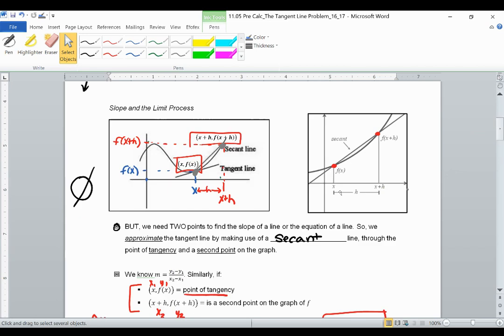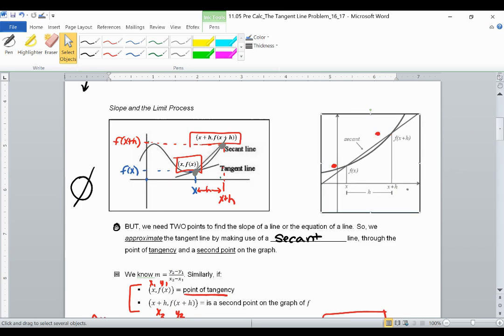I want this distance between the two, this h value, to get closer and closer together so that eventually h is 0. Because if h is 0, that means there is no distance between x and x plus h. So this is when we use a limit, because we want to know the limit as h becomes so small that h is 0.